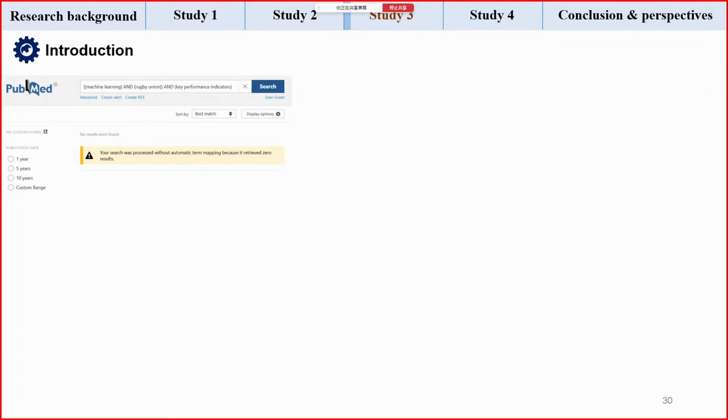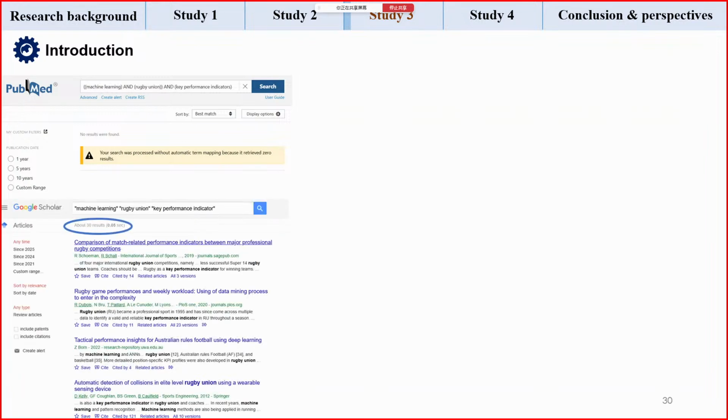In the initial design of this study, when we entered 3 keywords, machine learning, rugby union, and KPI, we found that there were no related articles in PubMed. The Google Scholar search only has 30 relevant results, but they were mainly focused on comparing KPI.